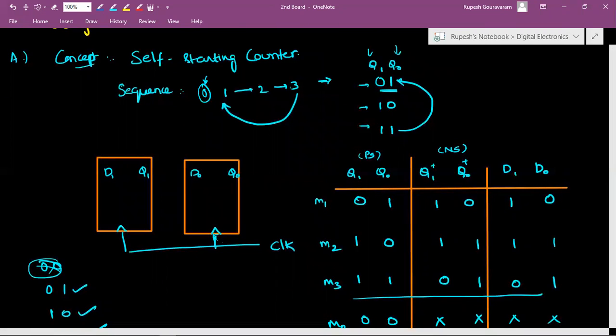Will it be stuck at 0? If it gets stuck at 0, you have to manually remove that and restart the circuit. If it goes to 0, and again comes to one of the states, that is 1 or 2 or 3, then it will again work in this particular cycle.